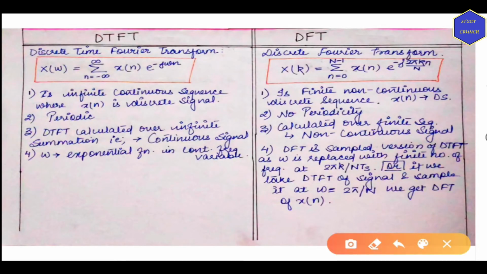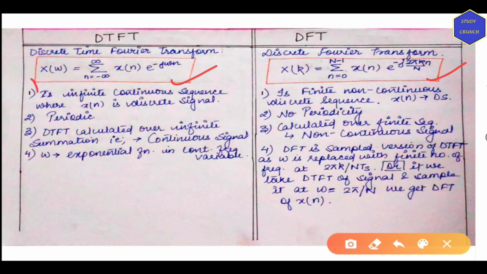Now, what is the difference between DTFT and DFT? First of all, DTFT stands for discrete time Fourier transform, whereas DFT is discrete Fourier transform. We have the formulas of both, right? Now let's start, first of all, with DTFT.